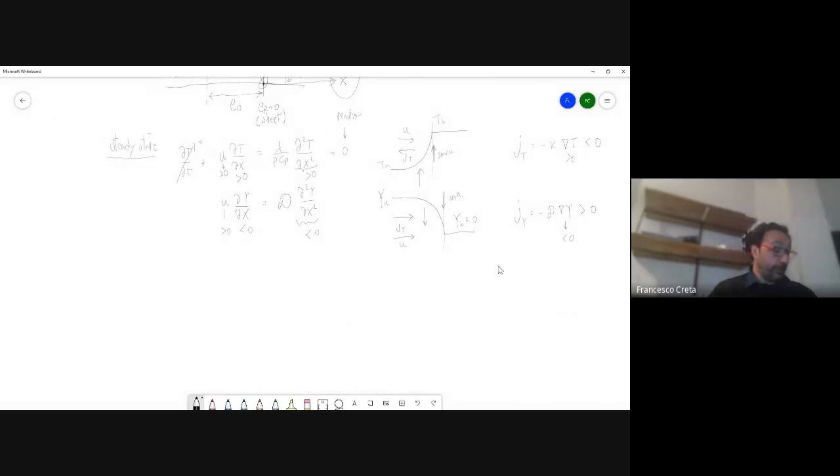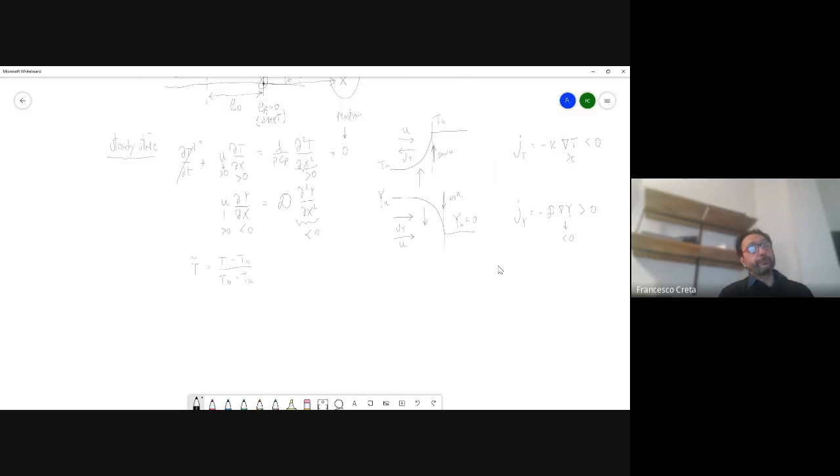One last thing that we can say is, usually we deal with non-dimensional quantities. So if you non-dimensionalize temperature, for example, you can define the non-dimensional temperature as T minus Tu divided by Tb minus Tu.